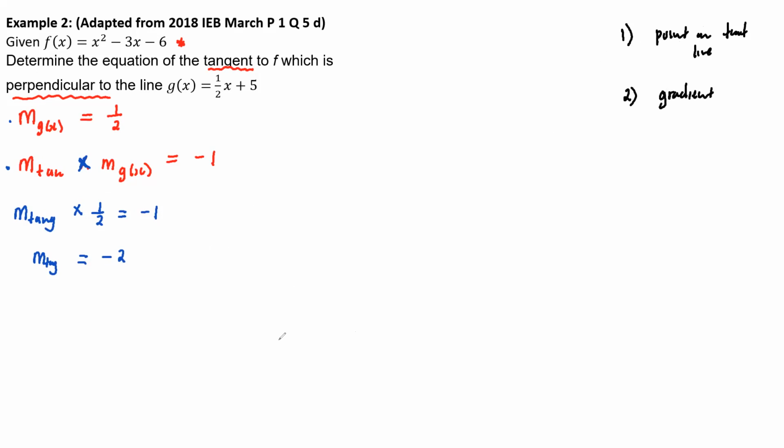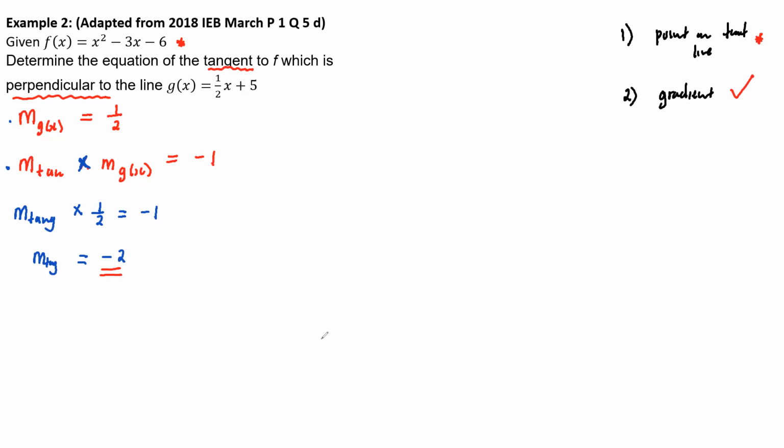So we have the gradient of the tangent. Checklist, I have this, it's -2. What I don't have is a point on the tangent. So how do I get that point?